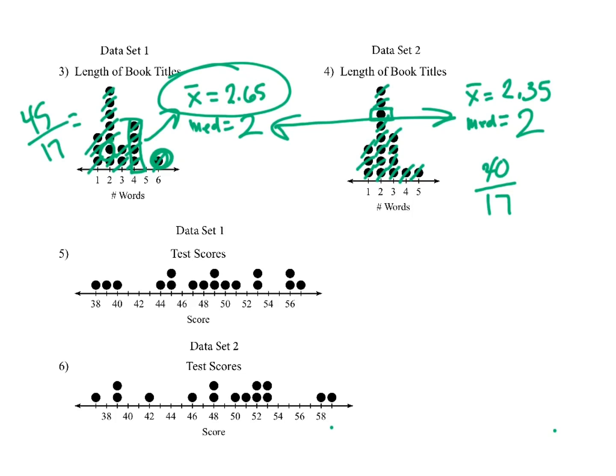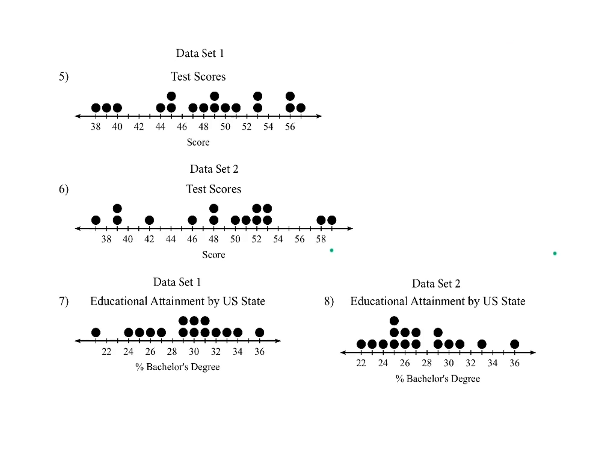Okay, all right. Now data set test scores. Okay, so we add these ones up. So again, we want the mean and the median for both. The mean and the median.